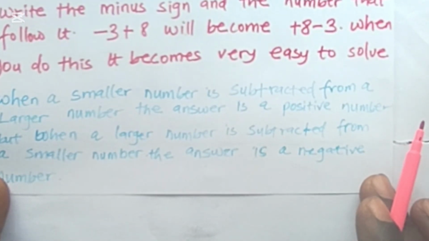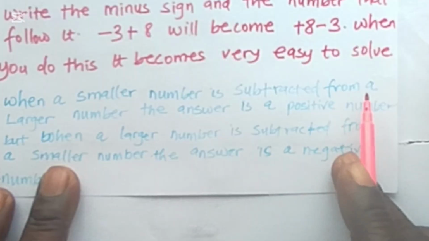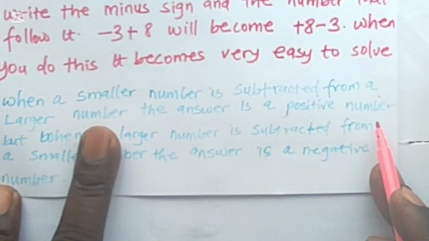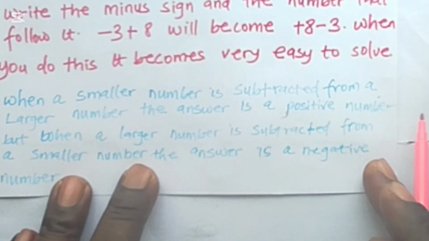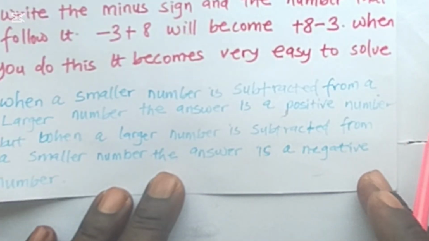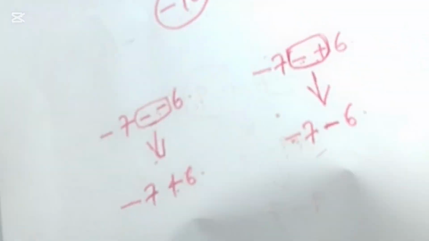Now, the 10th and the final rule is when a smaller number is being subtracted from a larger number, the answer is a positive number. But when a larger number is being subtracted from a smaller number, the answer is a negative number. It's self-explanatory and straightforward.